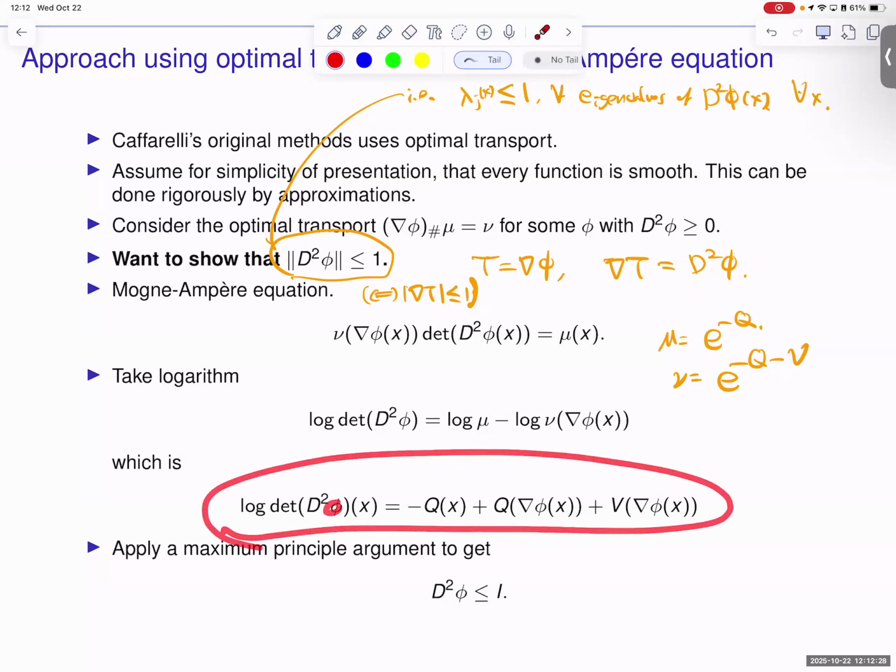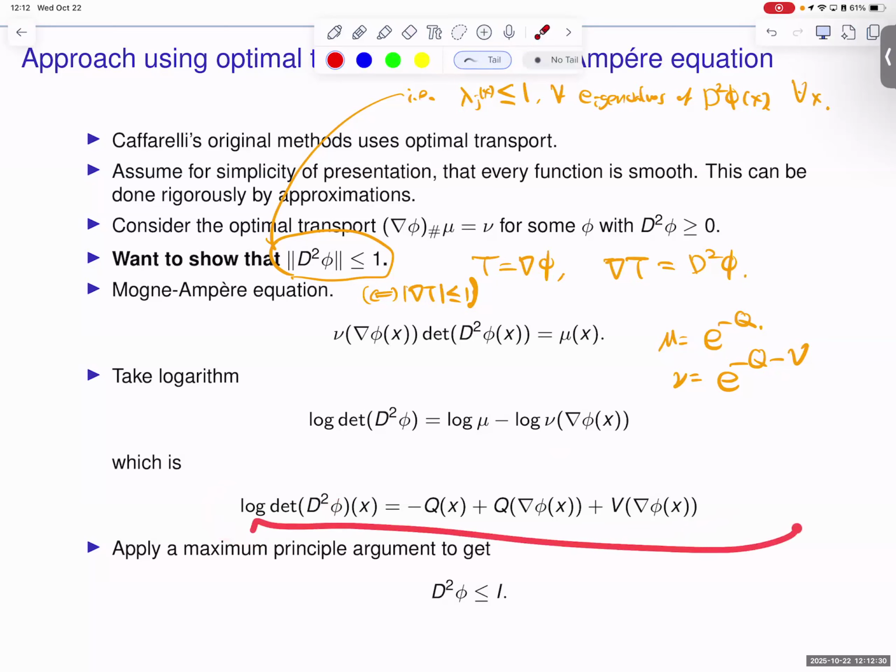phi. So we want to prove that when phi satisfies this equation, its largest eigenvalue of the Hessian is always less than or equal to 1. That is what we want to prove.